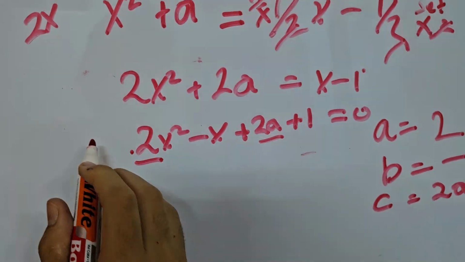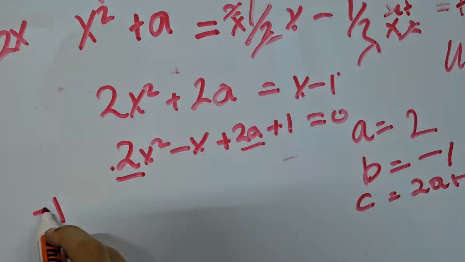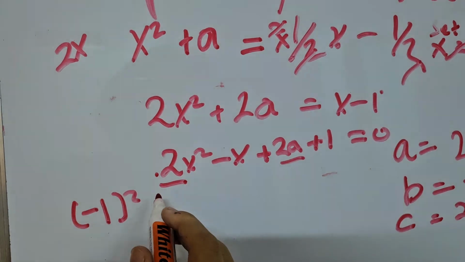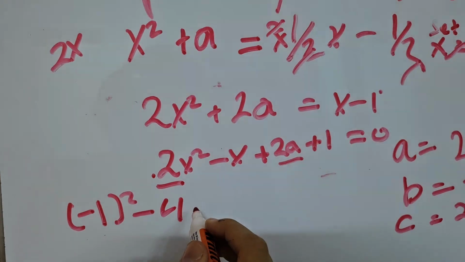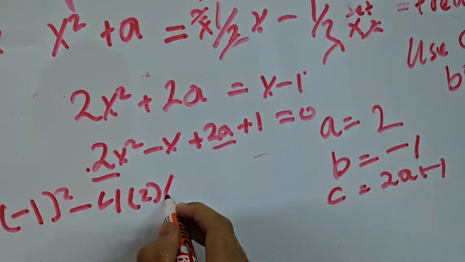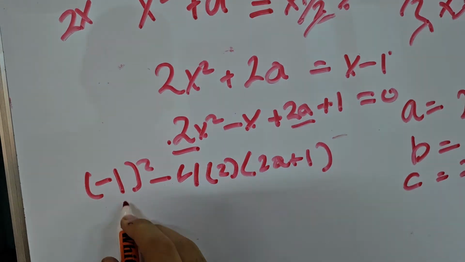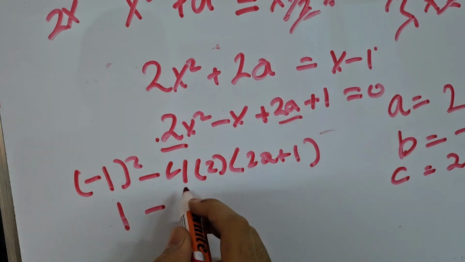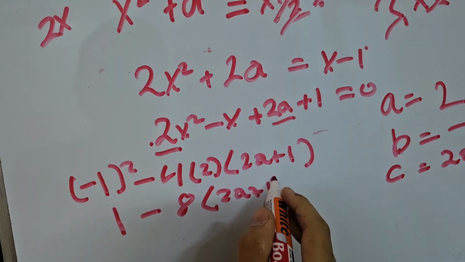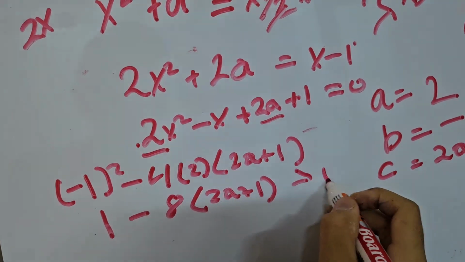So b squared is minus 1 squared, and minus 4 times a, which is 2, times c, which is 2a plus 1. This is going to give us positive 1, minus 4 times 2 is 8, times 2a plus 1, and this is greater than 0.